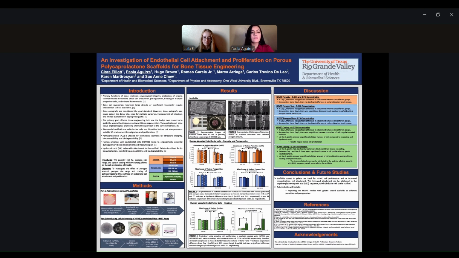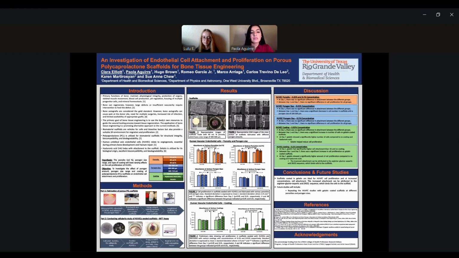In the table at the bottom of the introduction section, we can see what we're testing in the scaffold. We're testing the porosity, which is how many holes the scaffold has, and we have 70% porosity, 80% porosity, and 90% porosity.